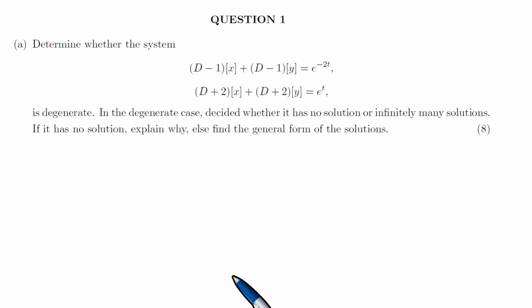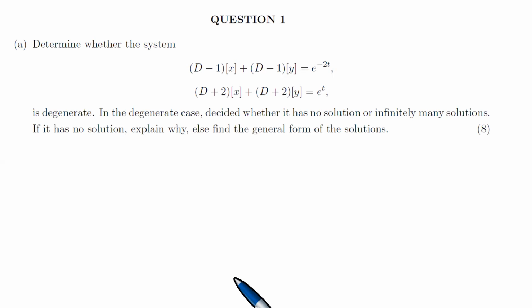I decided to look at an example of a system that does not have a unique solution, because in our previous discussion we looked at the unique solution problem. But now this came in January 2023, and let's look at how this question can be solved.